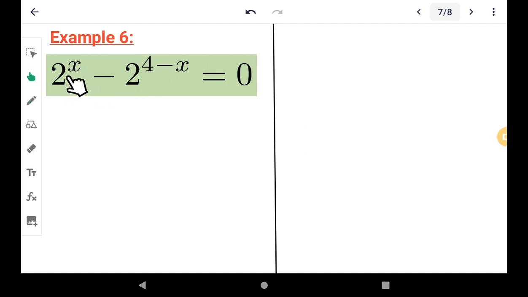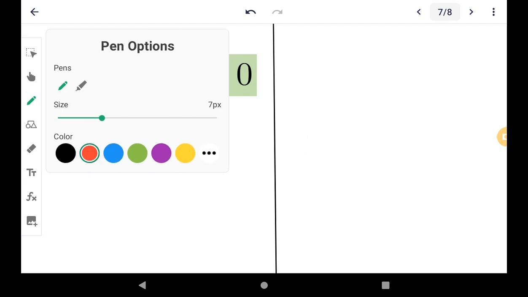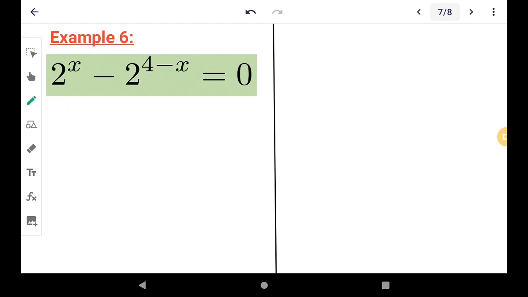Another example is when you've got an equation like this that looks like a linear equation or a linear exponential equation, but upon closer look you will see that it's actually a hidden quadratic equation. Let's start. So the first thing you do is you break everything up into its individual powers.